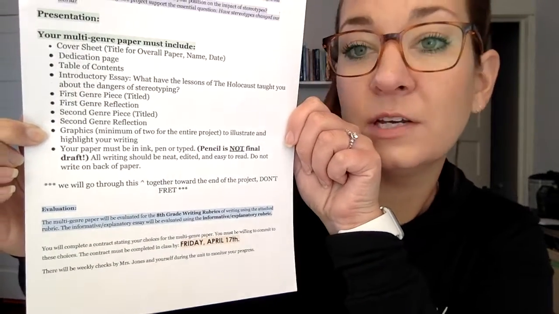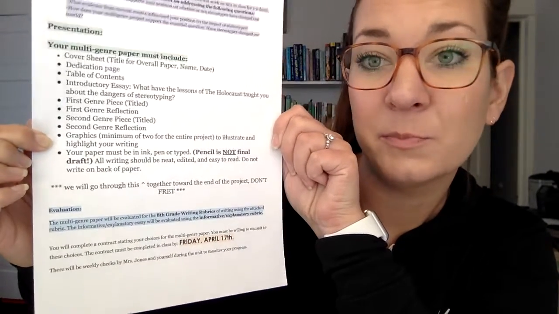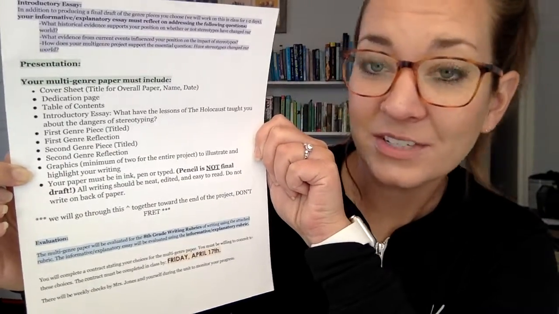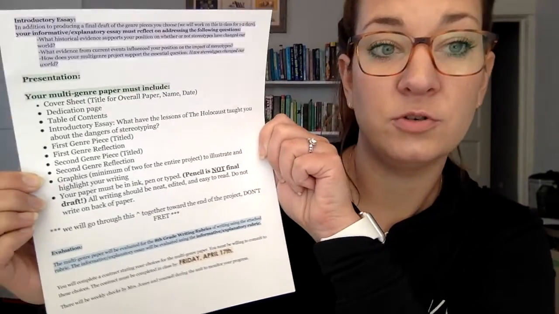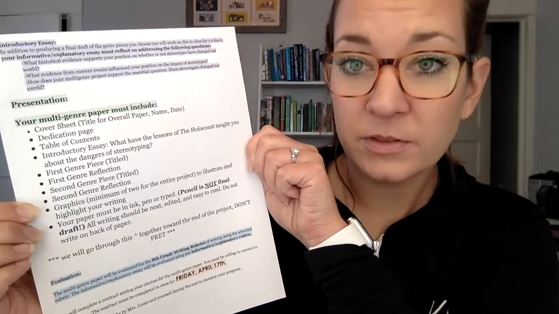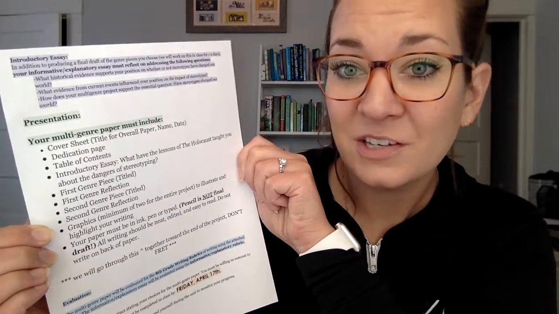Just like the quotes, you've got to use some kind of visuals. If you're doing like a scrapbook or a political cartoon, you've already included those because you've already included the graphics and the art. If you maybe aren't as much of an artist like I am, and you chose to do 2 writing pieces, like a diary and a short story, then somewhere within your project, it can be on the title page, it can be on the dedication page, it can be in your essay.